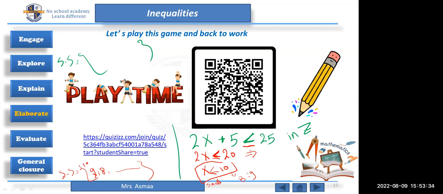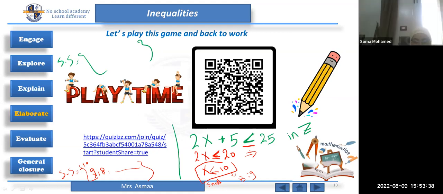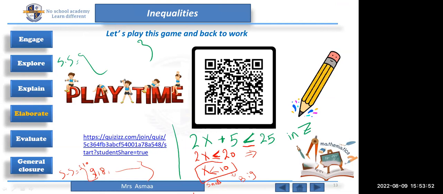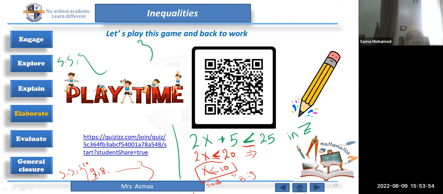You said equal. Okay. Equal means, guys, I want all the numbers in Z which are less than or equal to 10.